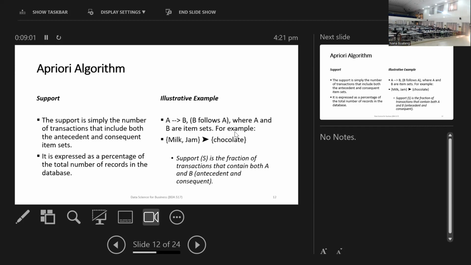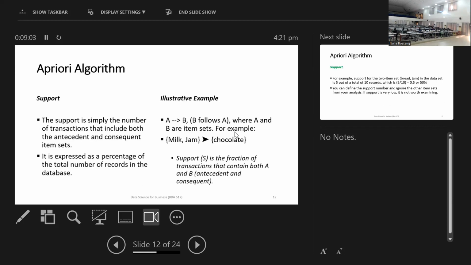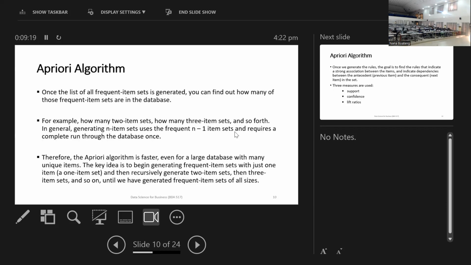So let's see how these work. The support is simply the number of transactions that include both the antecedent and the consequent item set. Let's explain that.